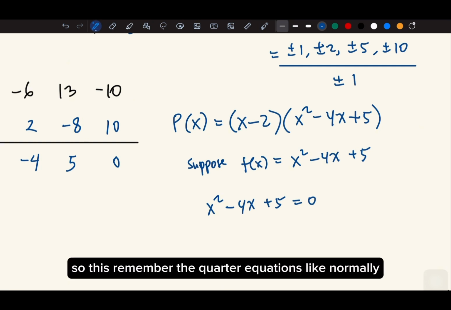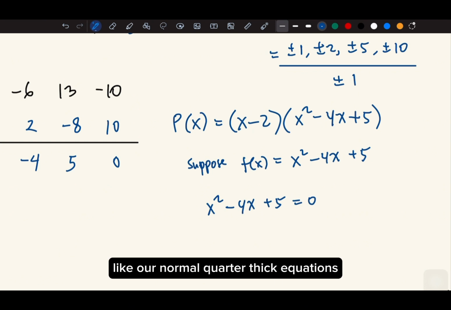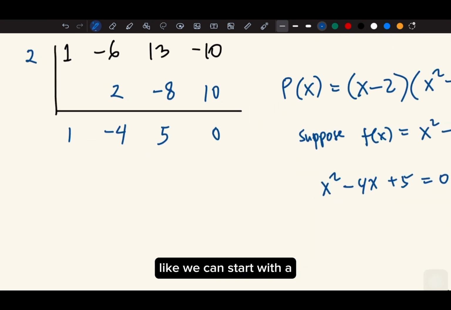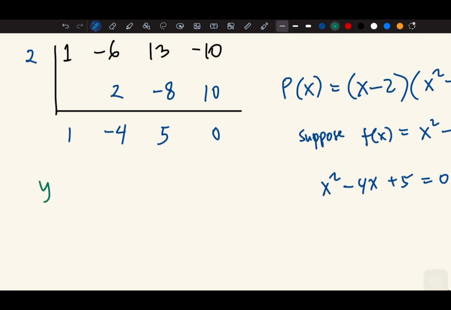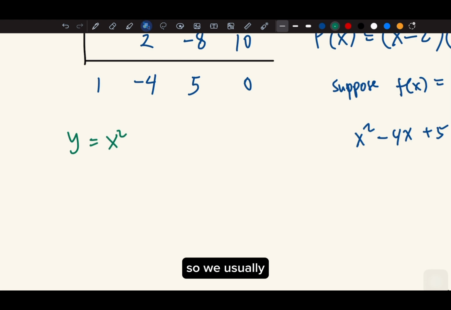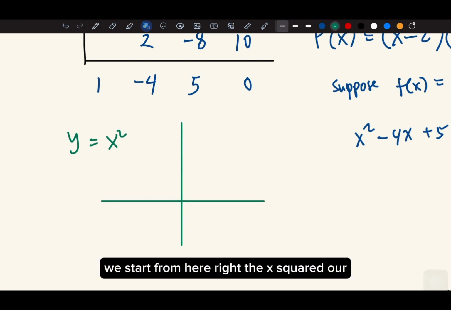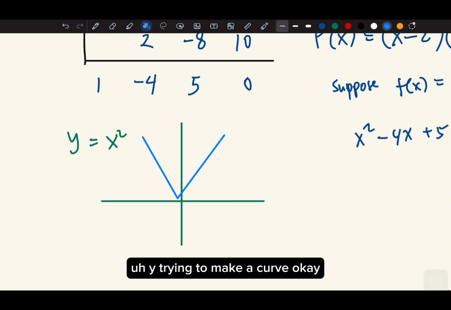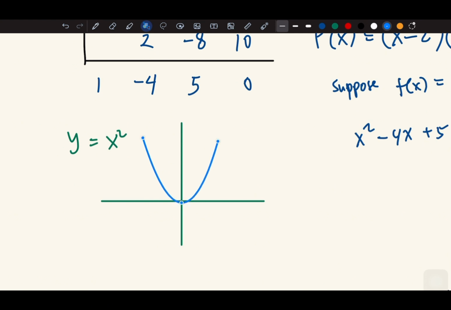Remember the quadratic equations, like our normal quadratic equations. Let me review this really quick. We usually start from here, right? The x squared, y, trying to make it curve. Let's say that is y equals x squared.